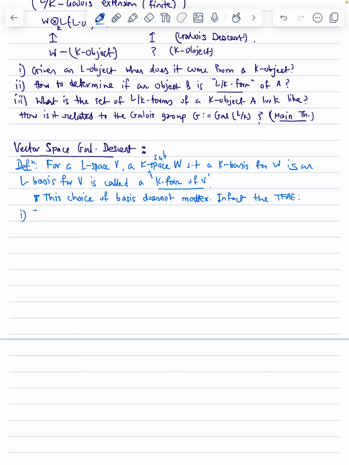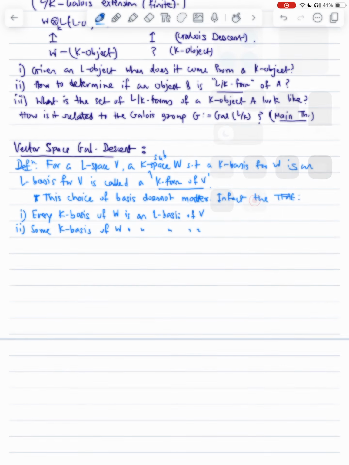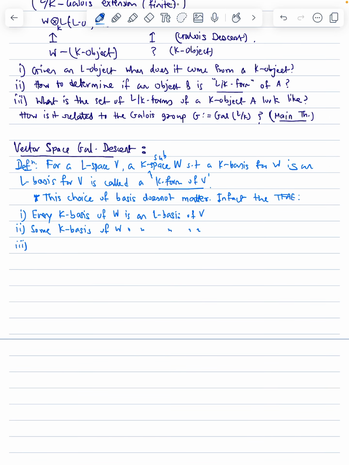First, every K basis of W is an L basis of V. Second, some K basis of W is an L basis of V. And thirdly, W tensored with L over K becomes isomorphic to V via this map.